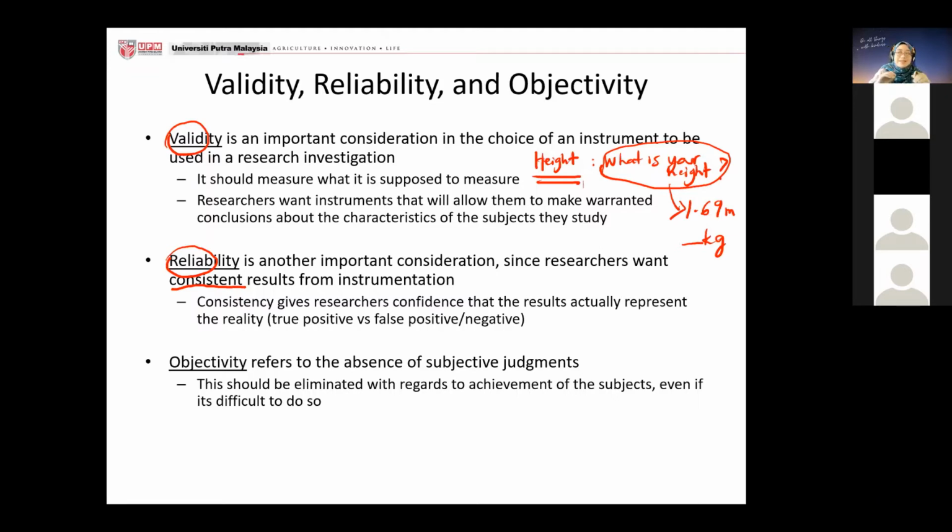Maybe it's totally out, not related at all to what you are asking. So that might happen, which is why when we develop the instrument, there are procedures, there are steps that you have to go through because you want to avoid this kind of situation. You don't want to cause confusion to your samples, to your respondents.